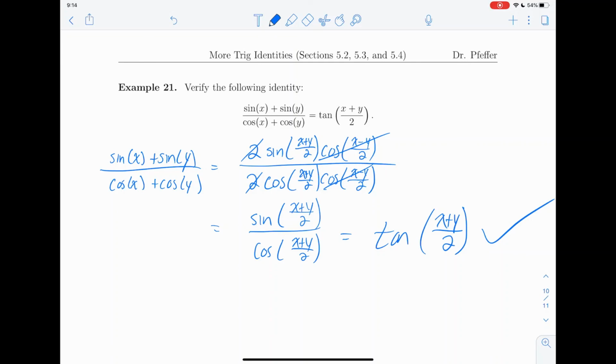I know that here in sections 5.2, 5.3, and 5.4, we've introduced a whole host of different trigonometric identities and talked about other interesting applications of those identities.